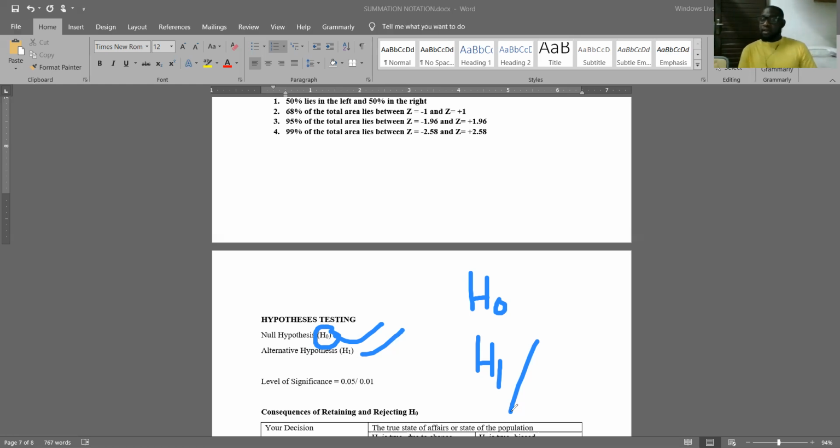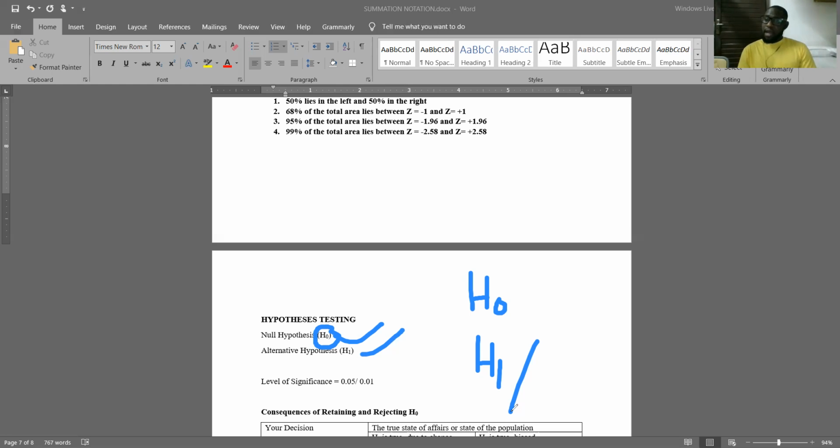So maybe within my sample, I'm comparing males and females in terms of their performance. Then I make a prediction that males will perform better in statistics than females. That is my alternative hypothesis, which is H1.